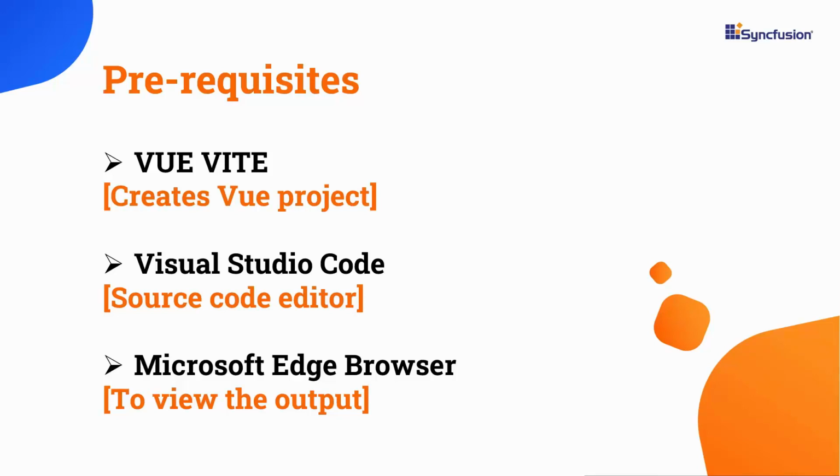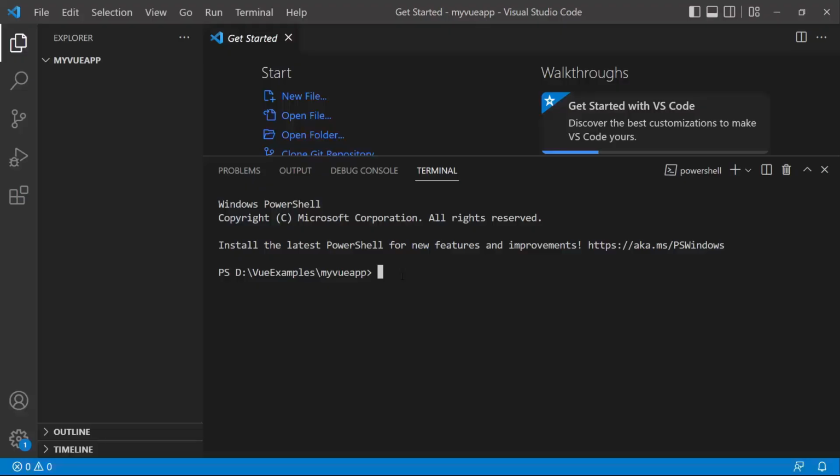I'm going to create a Vue application using the Vue Vite command. Make sure you have installed the latest versions of Vue and Node.js. To create a project in Vue, I open Visual Studio Code and type the command npm create vite@latest. I provide the app name, my-vue-app.